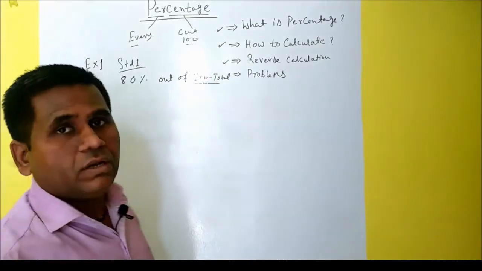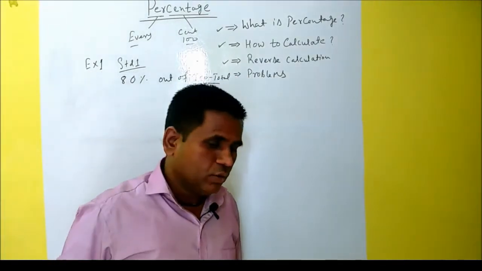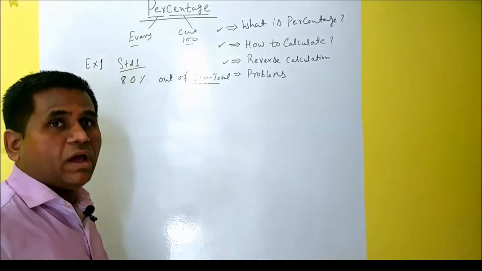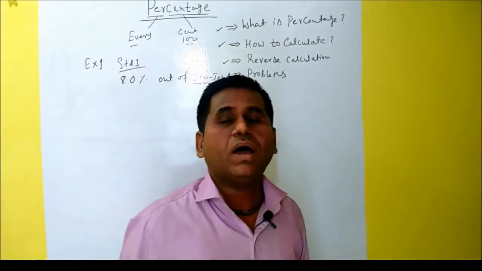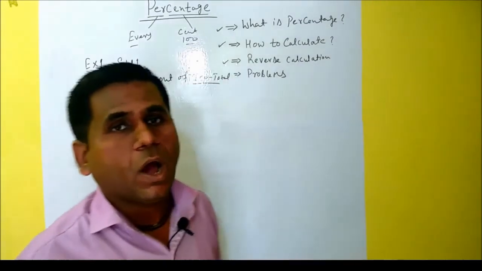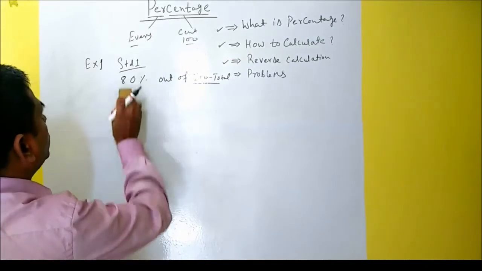So out of total marks 500, he has scored 80% marks. So in the problem you have to find out what is the actual marks obtained by the student out of 500. So we have to find the marks obtained.